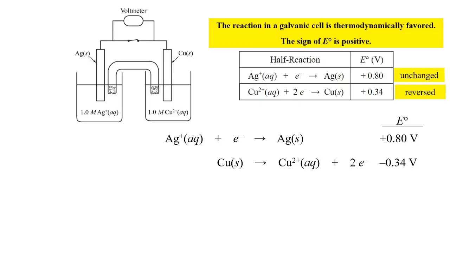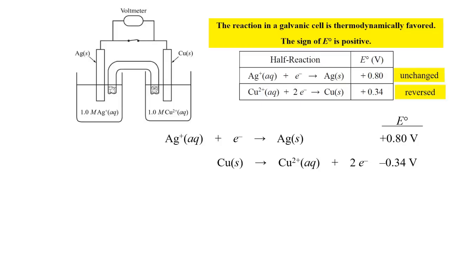Now, when I did reverse that half reaction for copper, I changed the cell potential from positive 0.34 volts. Now it is negative 0.34 volts. But if I add these 2 half reactions together, the overall cell potential will still be a positive number, and that's what it should be.